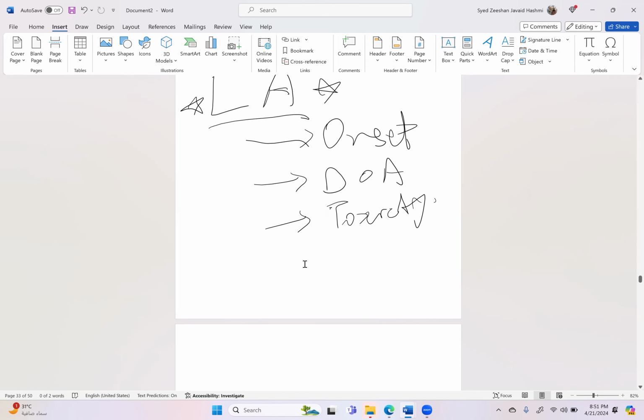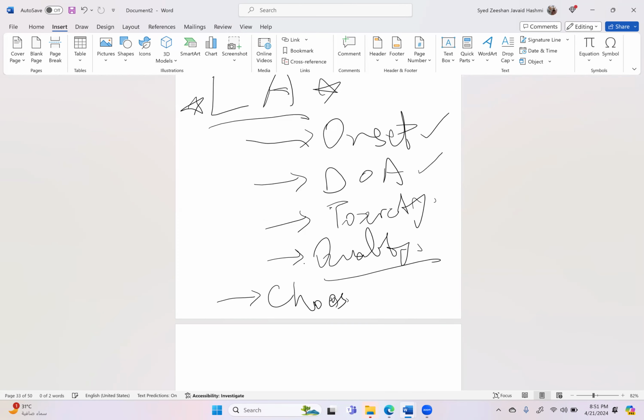Then another aspect is onset, duration of action, and the quality. Whatever block you are giving, how to improve the quality, and how you choose a certain block.